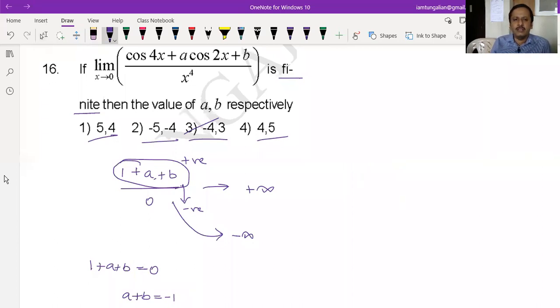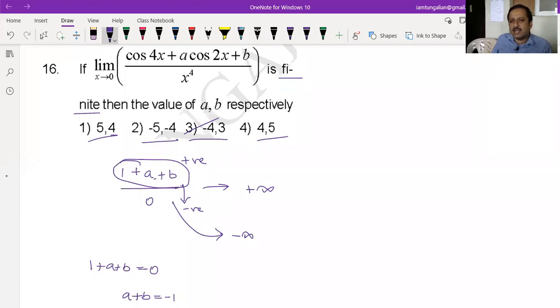So now if we directly apply the limit as x tends to 0, we are going to get cos 0, which is 1, plus a into cos 0, that is 1, a into 1 is a, plus b. So 1 plus a plus b divided by 0.